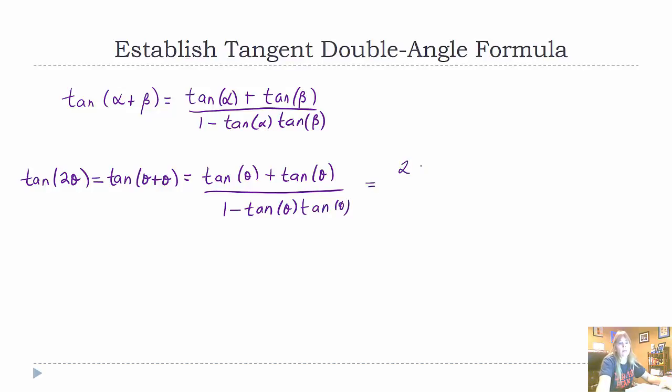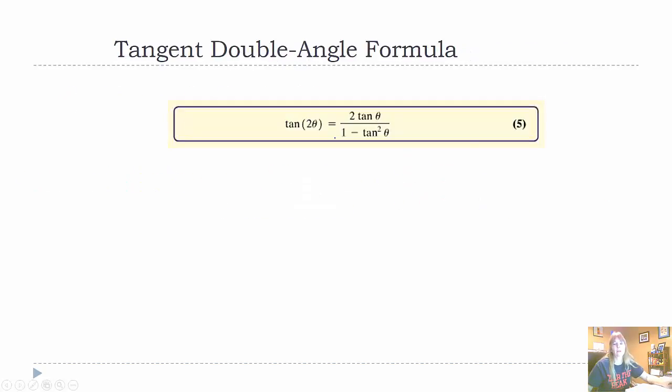And so of course the top becomes, we're adding, so 2 times tangent theta. And then the bottom, that's being multiplied, so tangent squared theta. All right, and that gives us our formula. So that's pretty easy to derive based off of using the sum formulas.